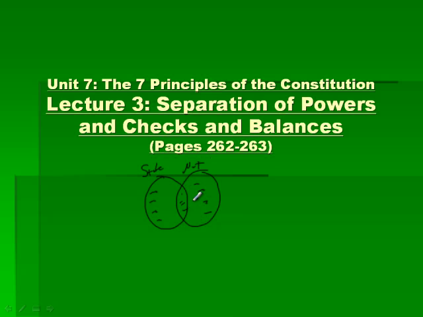But what we're doing here is we're taking this side right here, this national government side, and moving it over here, having this list of powers, but then separating those into different groups, so that way we get three sections, and that's where we get the three branches of government, and that's what separation of powers really is.